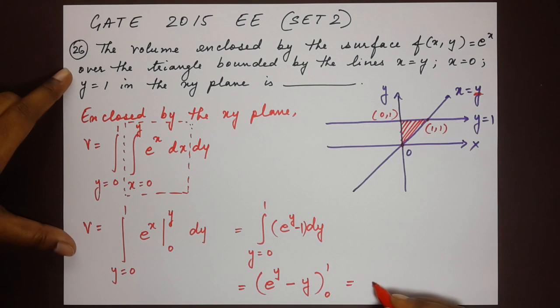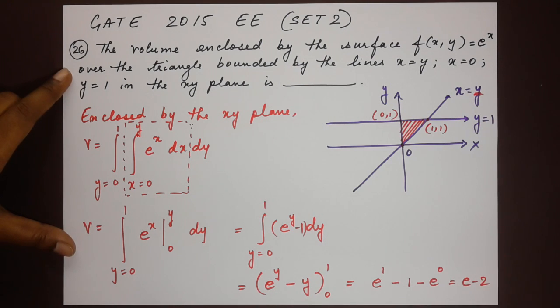Now let's substitute the values. We would have e power 1 minus 1 minus e power 0. So that's e power 1 minus 1 minus 1. That's e minus 2.